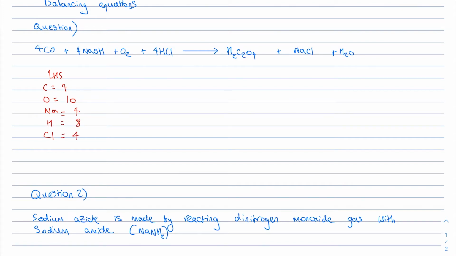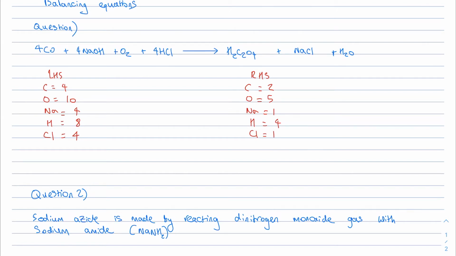And chlorine we have in total 4. So on the right hand side, let's write down how many we have. So carbon on the right hand side we have 2, oxygen we have 4, and we have 1 here, so 5 in total. Na we have in total 1, hydrogen in total we have 4, and chlorine in total is 1.